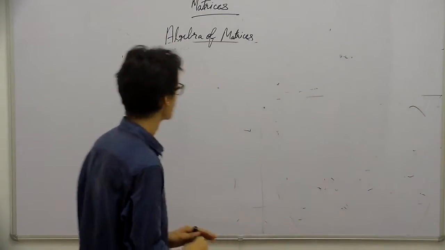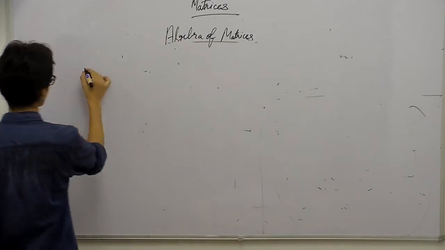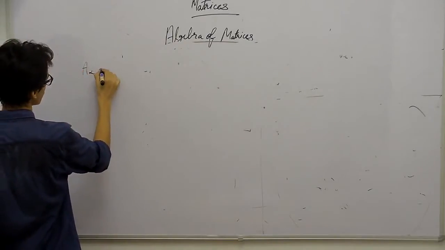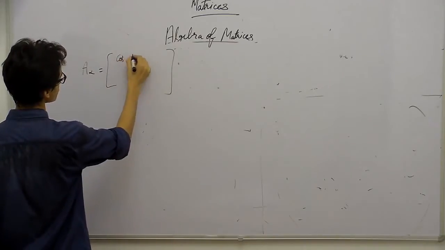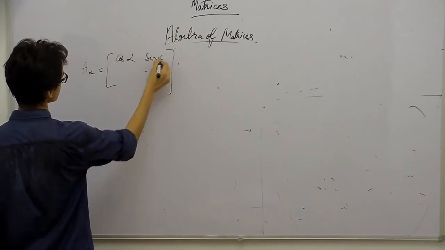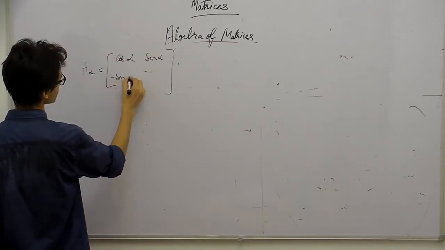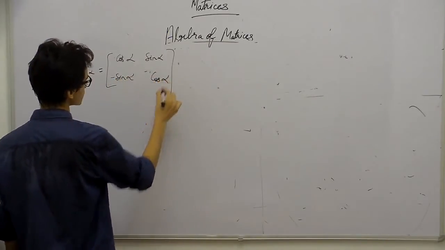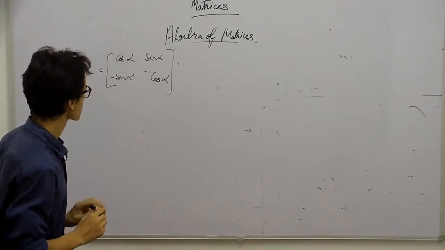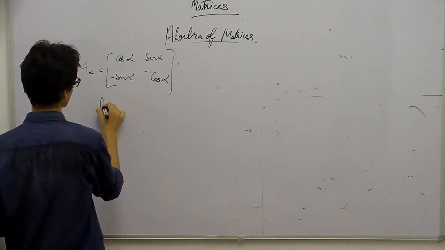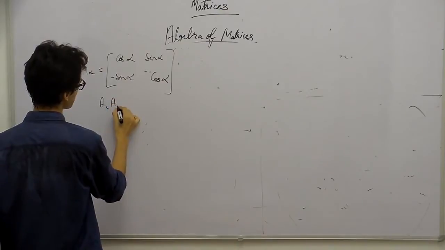Taking another example, say A alpha is equal to cos alpha, sin alpha, minus sin alpha, cos alpha. Suppose we define A alpha in this way. We are asked to find A alpha into A beta.